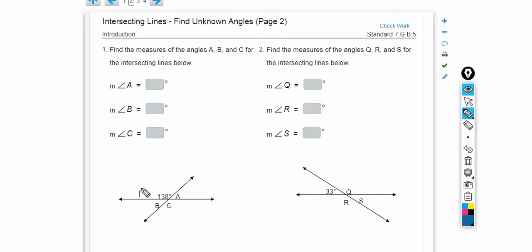So we have this angle here, 138, which means that this vertical angle has to be 138 degrees, and that's angle C. Then I have a supplementary angle right here.